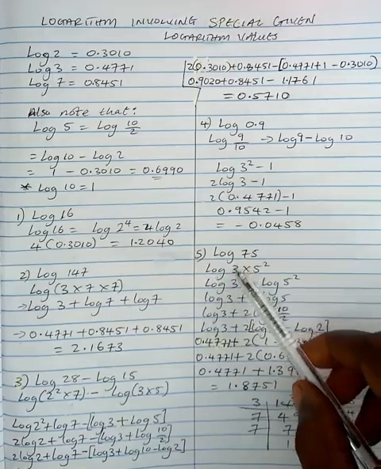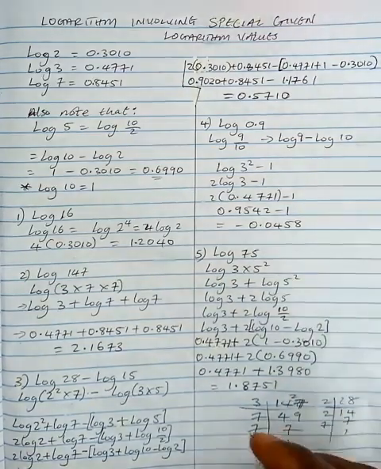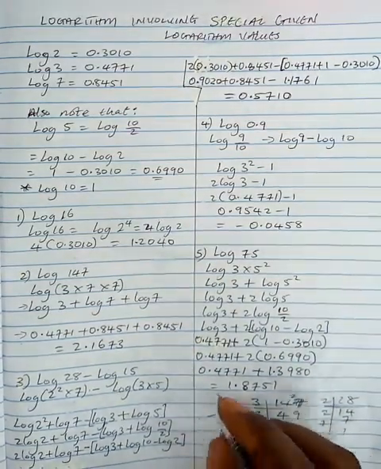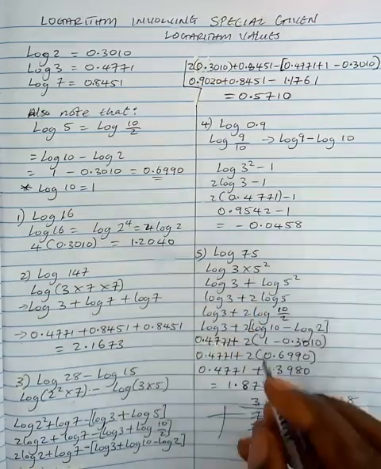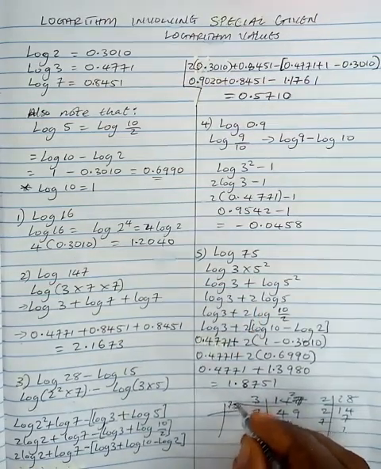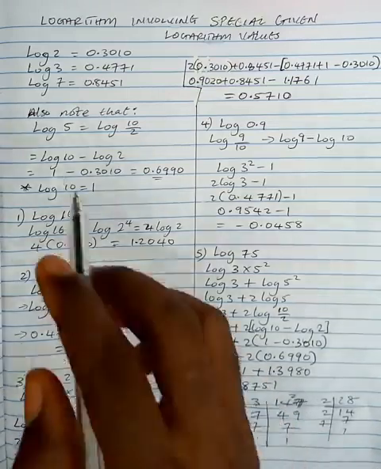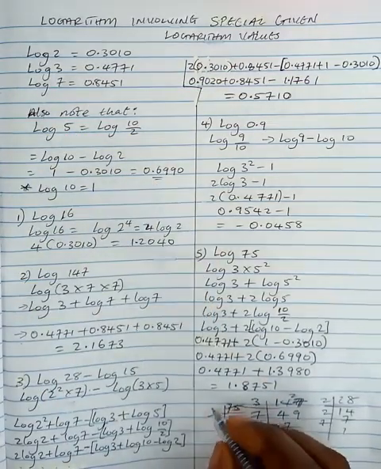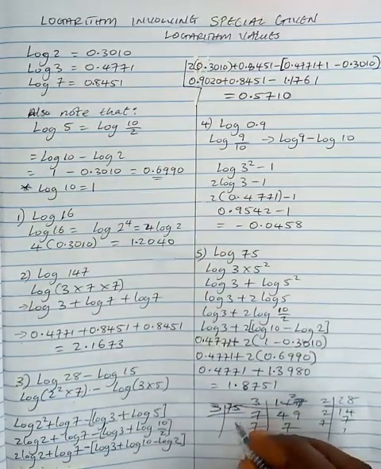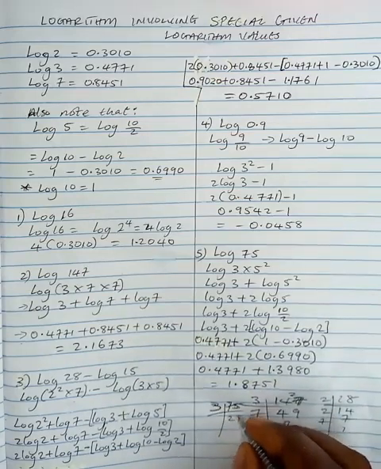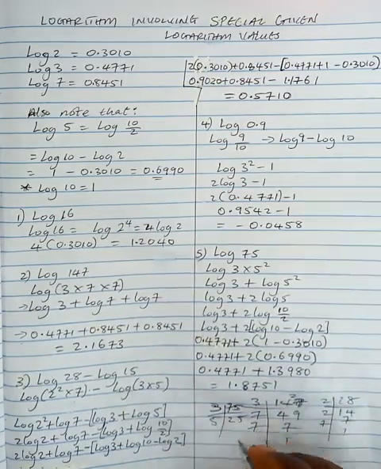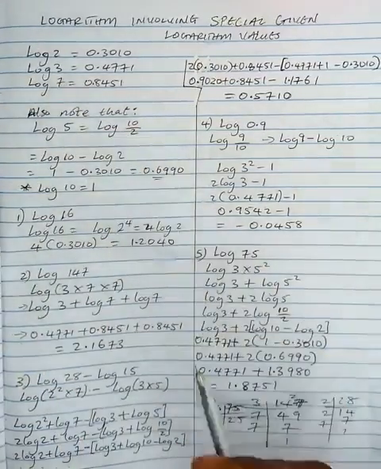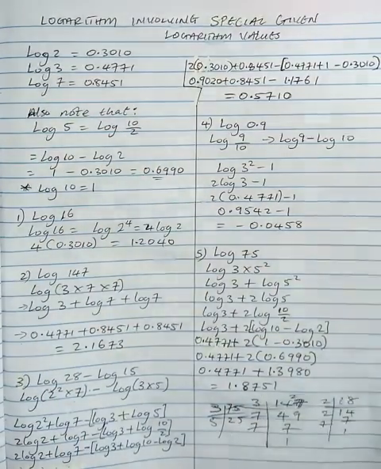Okay, now the fifth question says logarithm of 75. Now, we have logarithm of 75. The first number, this is an odd number. This 75 is an odd number. So, the first smaller number we should try is 3. Now, trying 3 into this will give me 25. Now, the next number that can go is 5, although I don't have 5 here, the next thing that should go here is just 5.